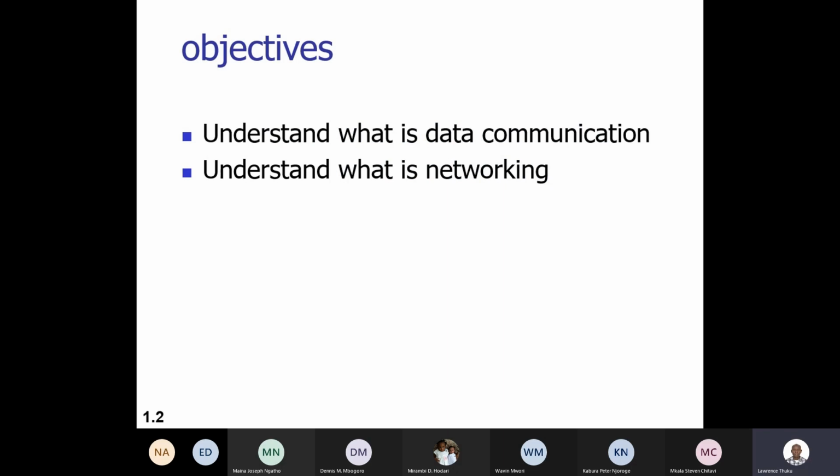It's my belief that all of us know what a computer is, so I don't have to get into that level: the different components of a computer. You also know some networking devices that are required to transmit data from one machine to the other. For example, you know what a modem is.